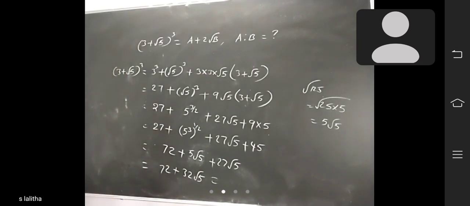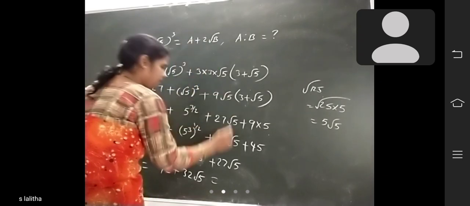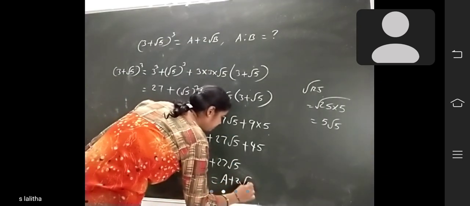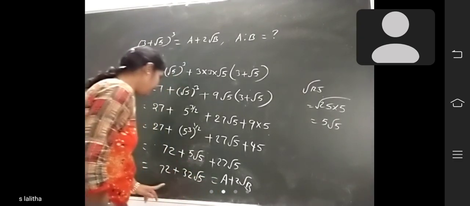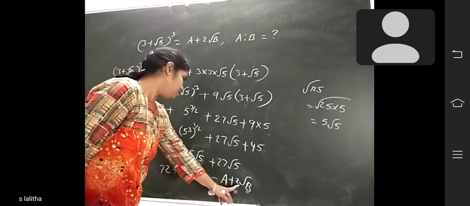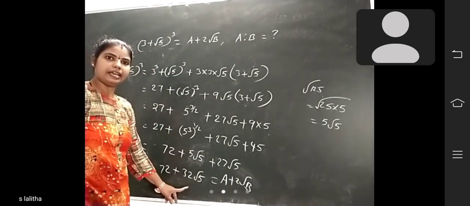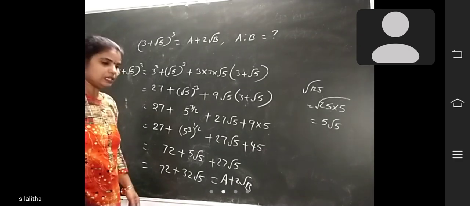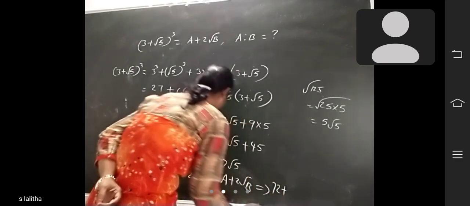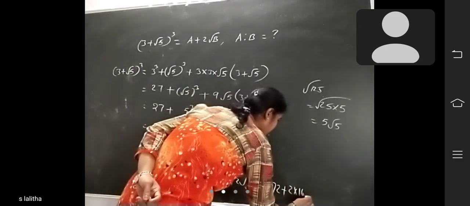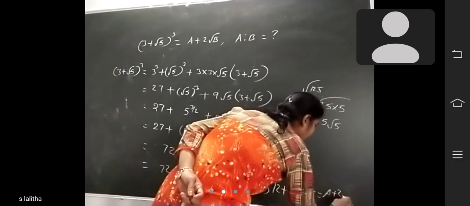So it is in the form of a plus 2 root b, no? a plus 2 root b. So a is equal to 72. And 32 can be written as a multiple of 2, that means 2 into 16. So 72 plus 2 into 16 root 5 is equal to a plus 2 root b.